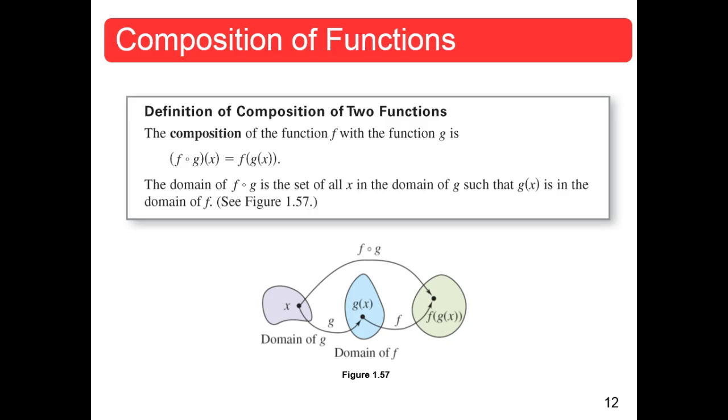So then we operate f on that, exactly like it shows here, and that gives us f of g of x, which is f composed with g of x. You're starting with the x, operating on it with g, then operating on the output of g with f, that becomes the input of f, and that gives you f of g.